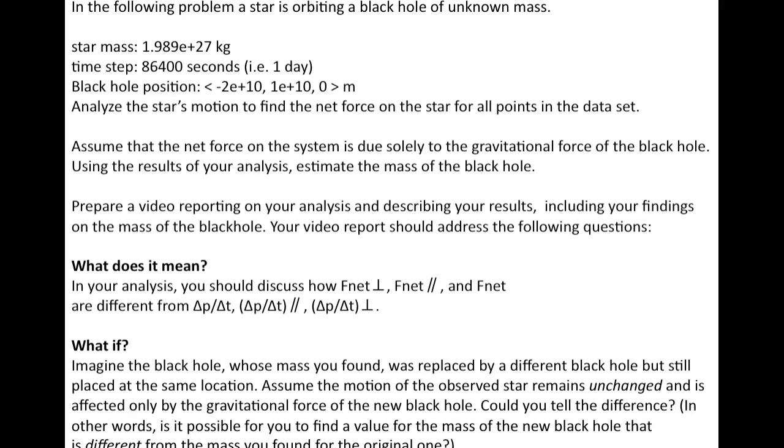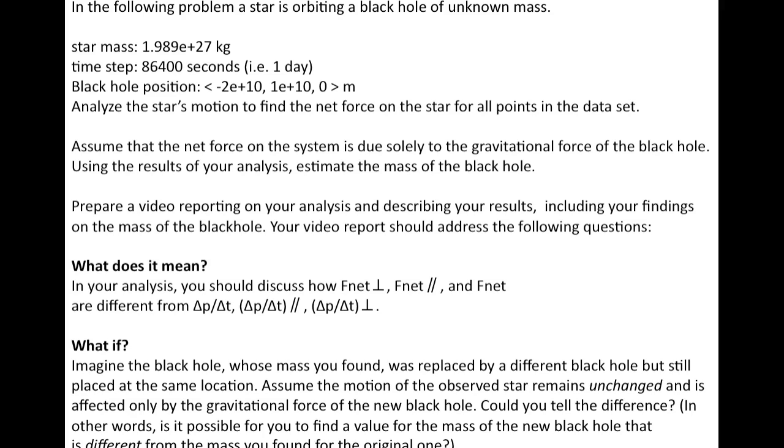In our project, we are given the positions of the star, and we can find delta P over delta T, and we understand that that is the same as Fnet in this particular case because there are no other forces acting on the star.